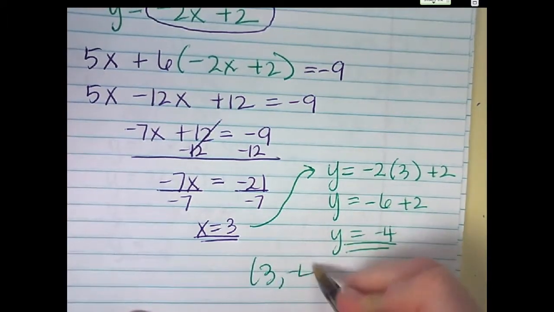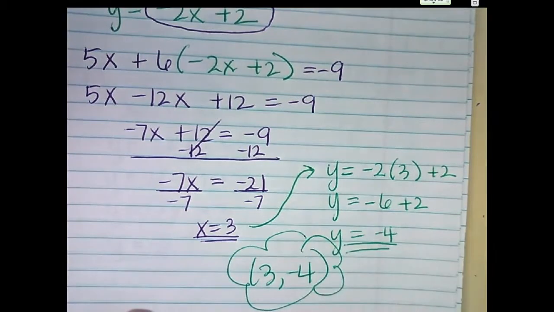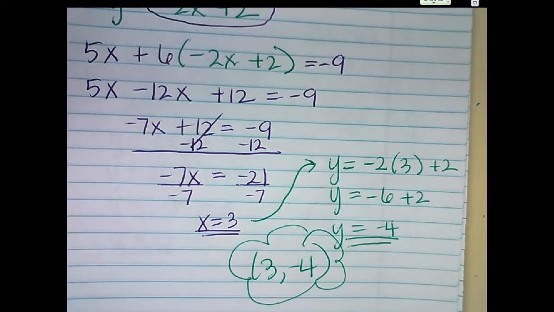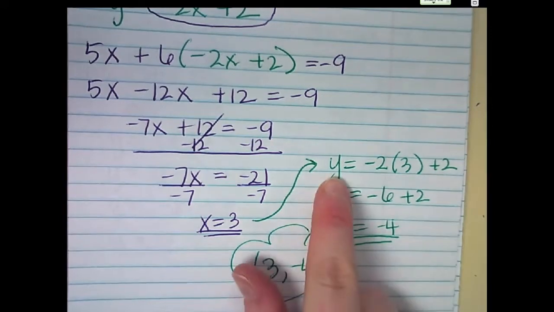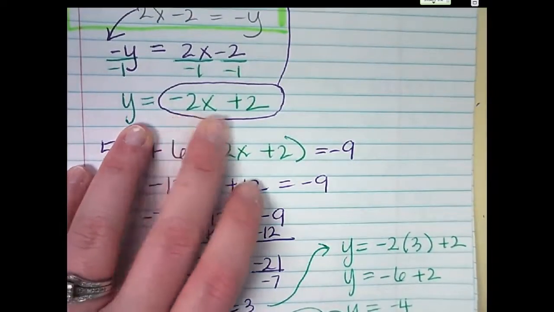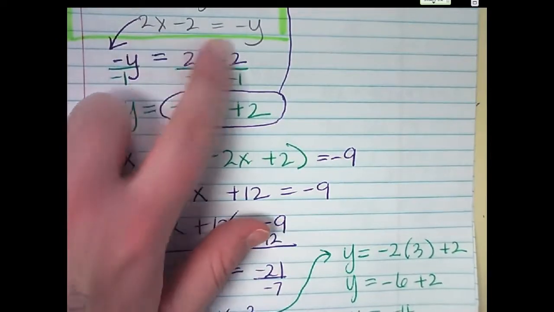So 3, negative 4. Anyone still writing number 5? Okay, last one. Question? Wouldn't that be negative y? Oh, right here? Yeah. Well, I went to this one where I already got the y by itself. You could go up here though, so I'm going to positive 2. You should still get the same answer.